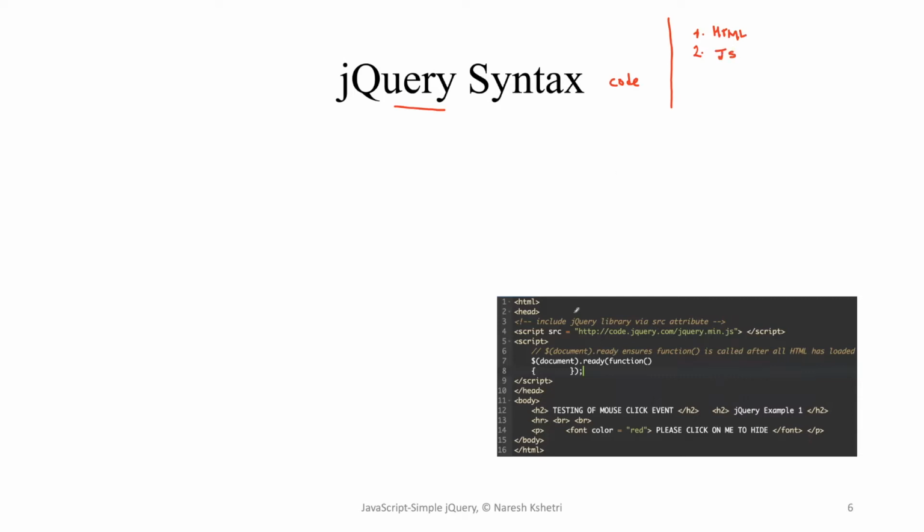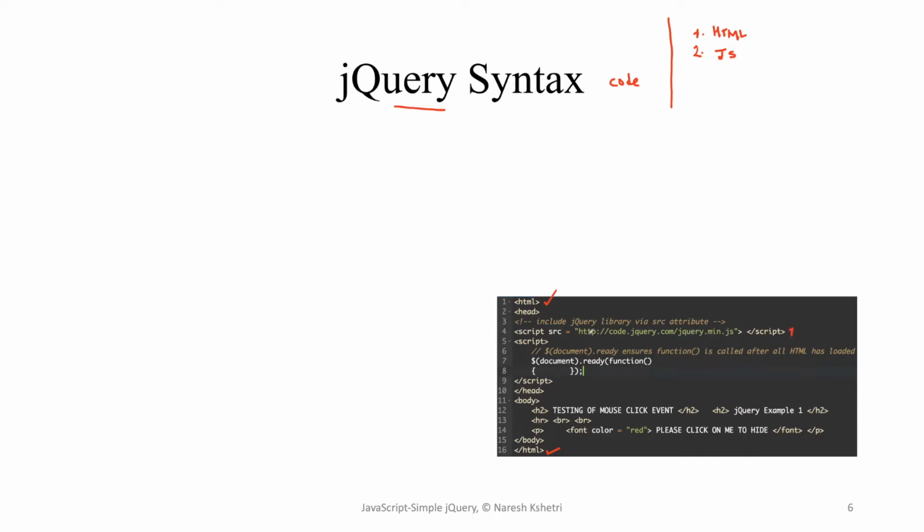If you see in this code block, everything happens inside the HTML, and then we have the body, and inside the body we have some code that is implemented in HTML. You can see the heading tag and paragraph tags, and the exact implementation of jQuery happens inside the script tag. But here there are two script tags.